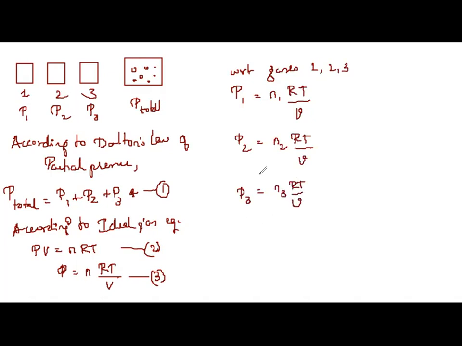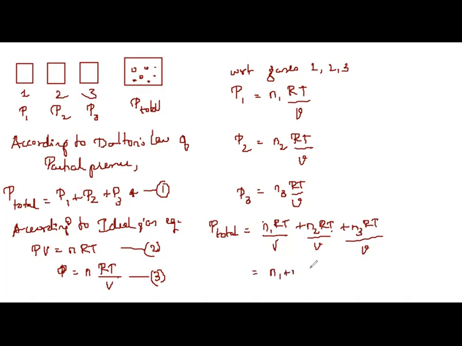Can I substitute all the three equations in equation 1? Therefore, I can say P total will be equal to N1RT upon V plus N2RT upon V plus N3RT upon V. Is that right? So when you mix all the three gases, what is common here?